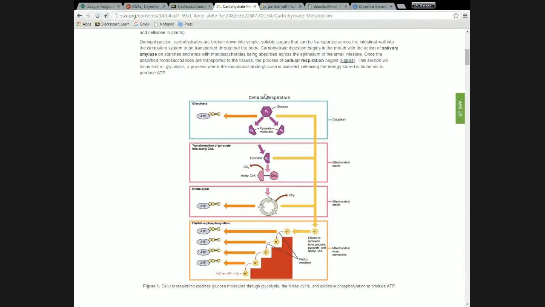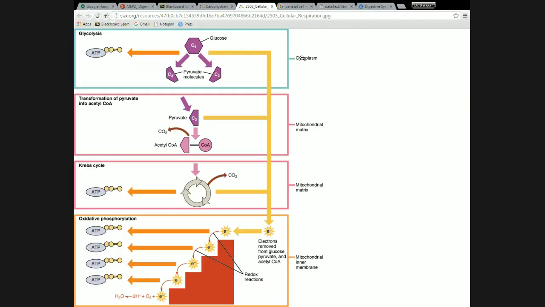So it starts with glucose being broken down in glycolysis, which happens in the cytoplasm of cells. Glucose is a 6-carbon sugar, and it's broken down into 2 3-carbon sugars called pyruvate or pyruvic acid.